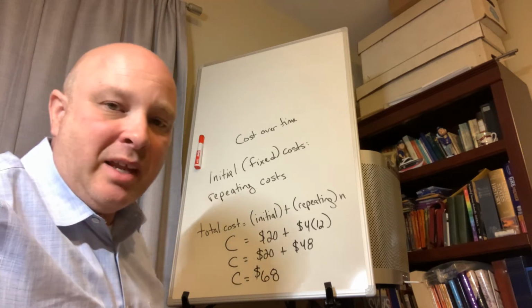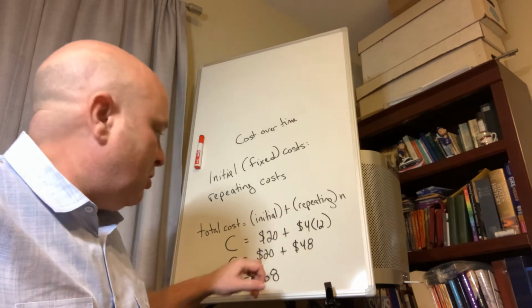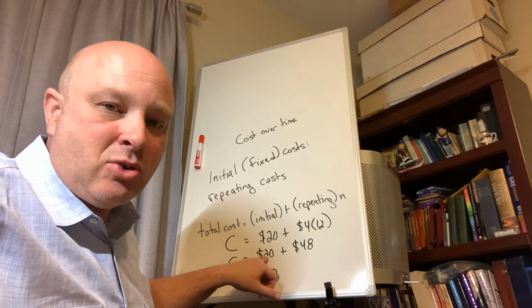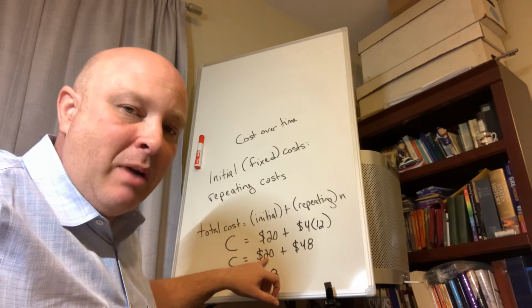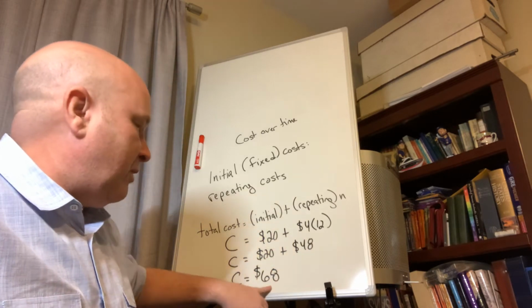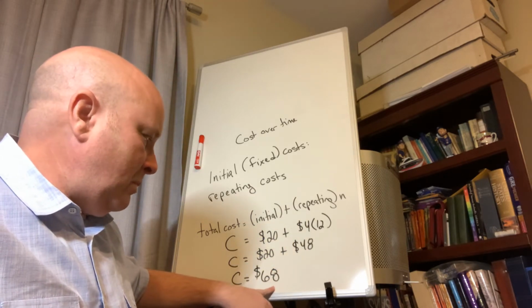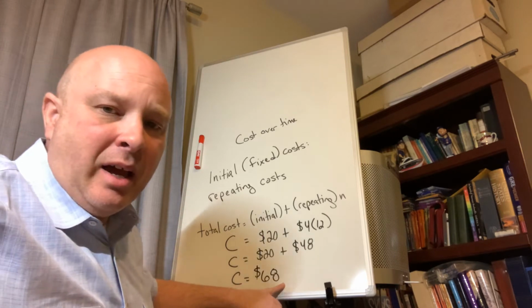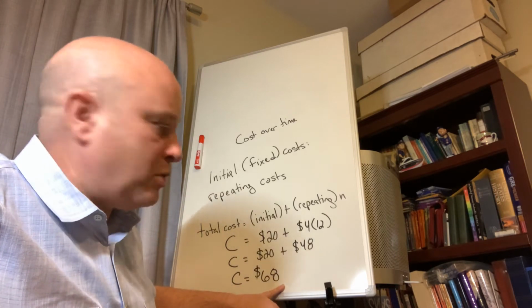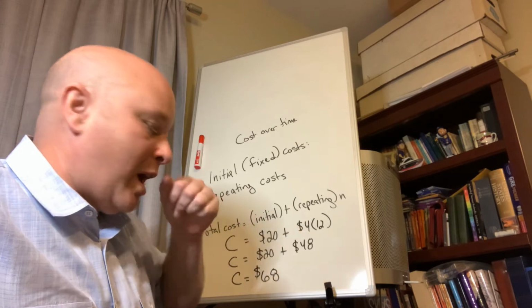Because if you're calculating your average cost per month, you're dividing your initial cost by however many months you're using it. So my cost per month actually gets closer and closer to this $4 the longer I have it.